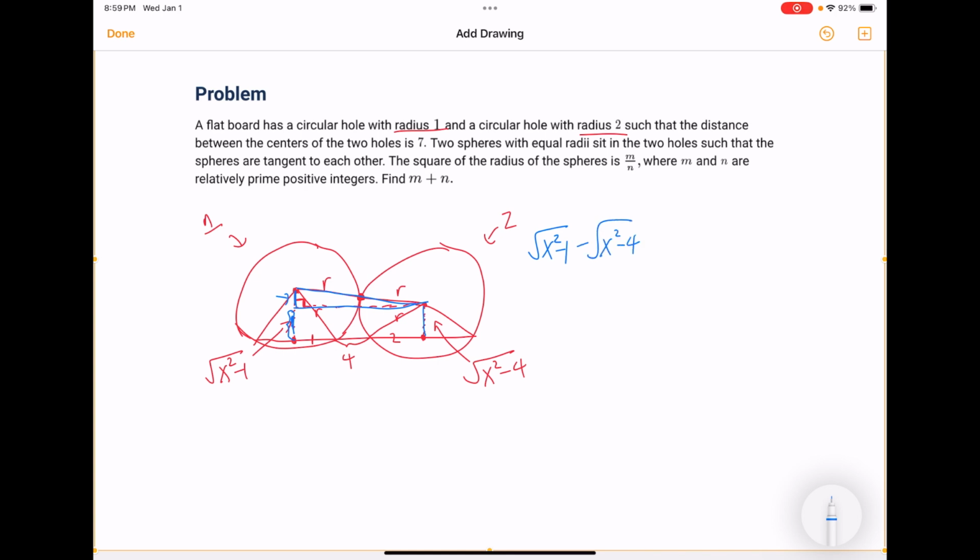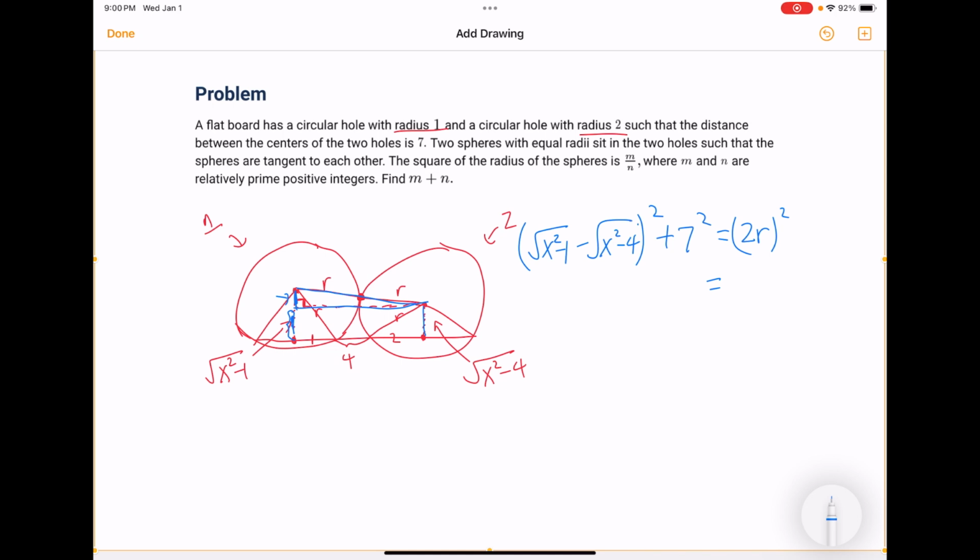So we can just subtract that to get the length of the little leg. Then we can square this, plus the other leg, which is just 7 squared. This is equal to 2r squared. And then we can just solve.